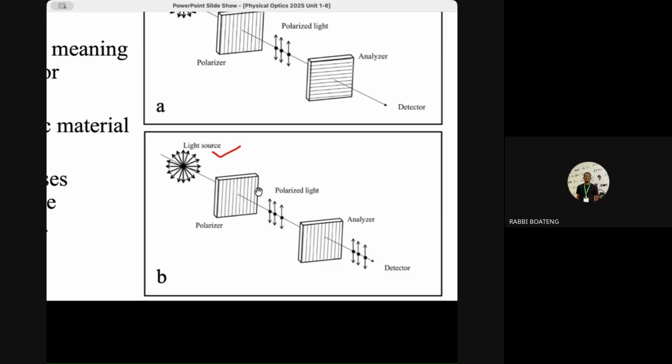If the first polarizer has a vertical axis, and unpolarized light passes through, we should get only this axis passing through. My question is, if we have a second polarizer, or analyzer, here, will the light go through?